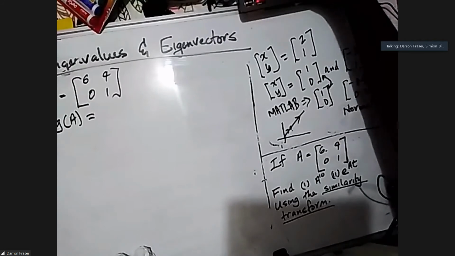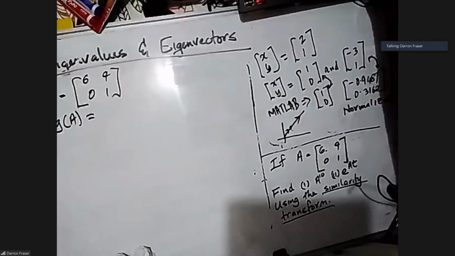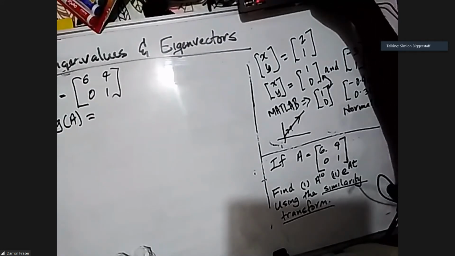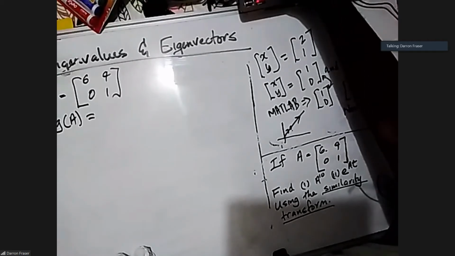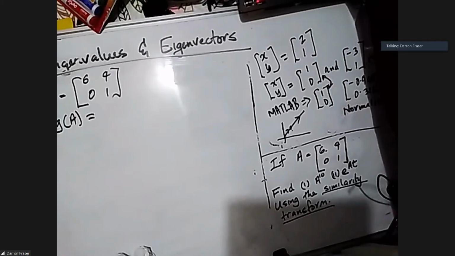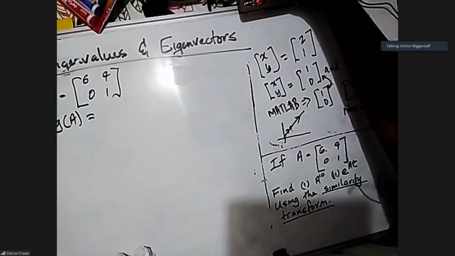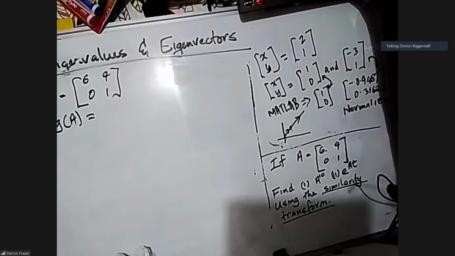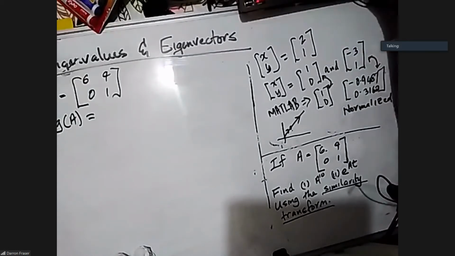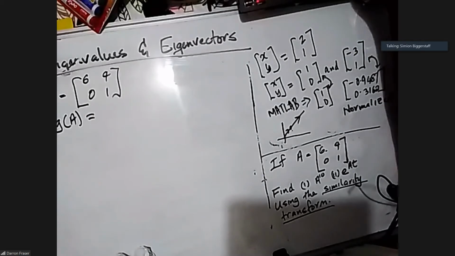I'll tell you something that the math teacher probably won't tell you in MATLAB. So A is 6, 4, 0, 1. Close bracket.